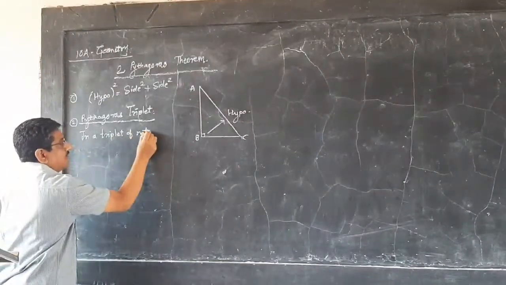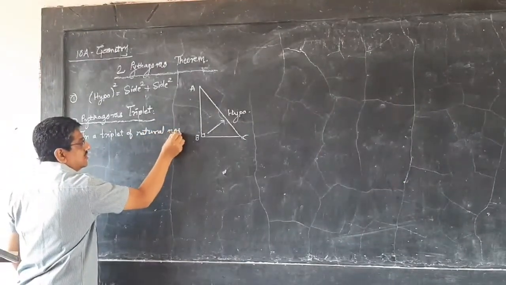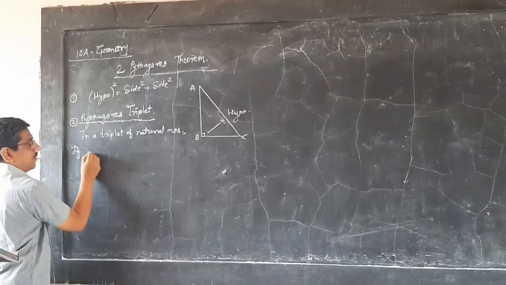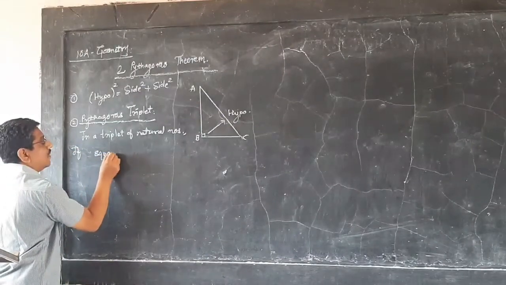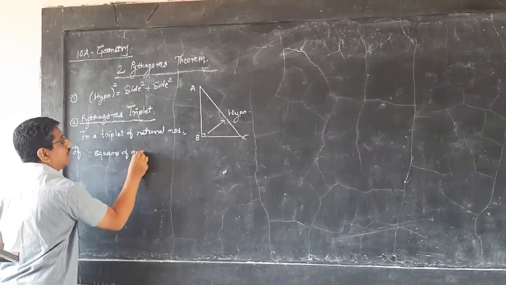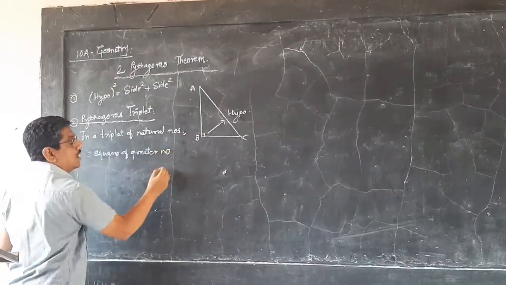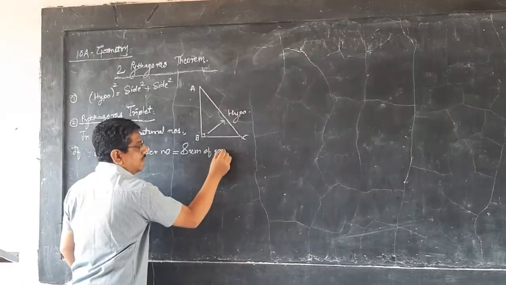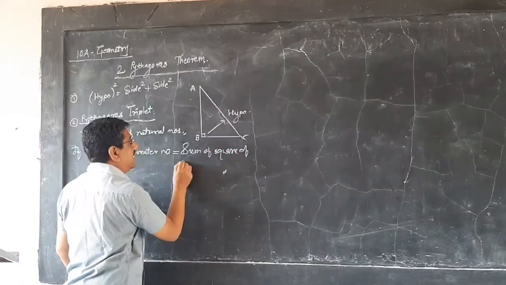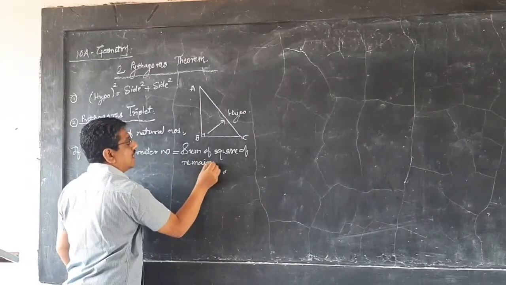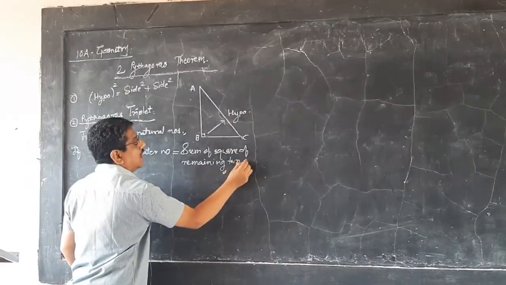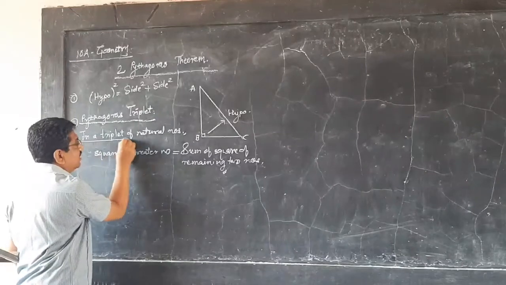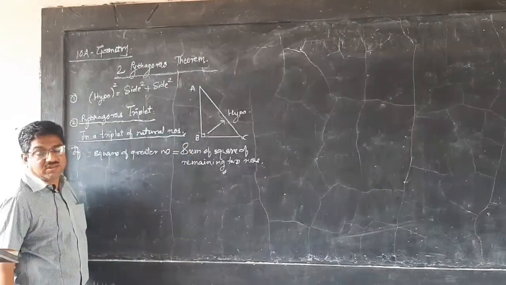In a triplet of natural numbers, if the square of the greater number is equal to the sum of the squares of the remaining two numbers, then these three natural numbers together are called the triplet of Pythagoras.